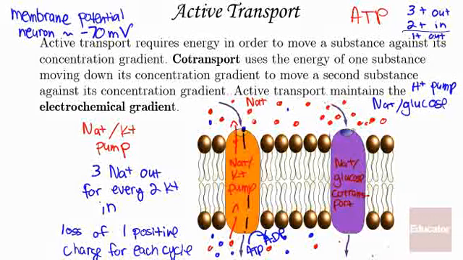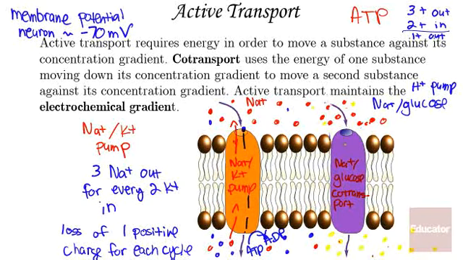The sodium wants to go down its concentration gradient. So as it's moving down, it's releasing energy that's harnessed to move glucose. Let's say that the glucose has a high concentration in the cell, for example, and a lower concentration outside the cell.